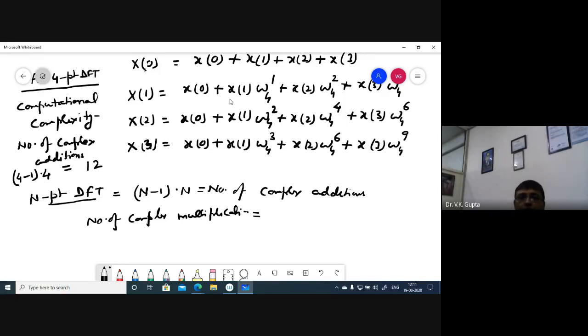We have 4 complex multiplications, and we find 4 samples, X(0) to X(3). So the total number of complex multiplications is 4 into 4, equal to 16 for the 4-point DFT computation. For N-point, how many complex multiplications are there?